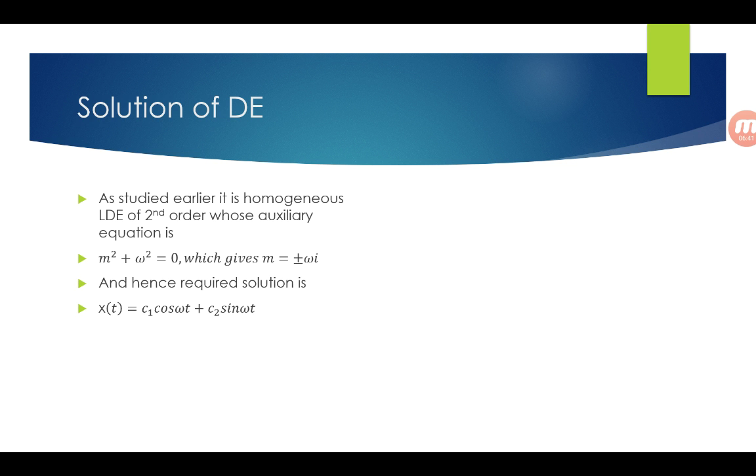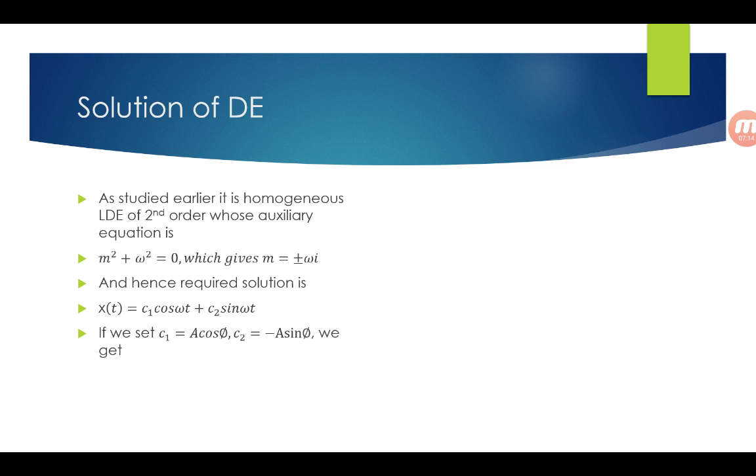Then the required solution of this differential equation is x of t equal to c1 cos omega t plus c2 sin omega t. As you can observe, cos omega t and sin omega t are two linearly independent solutions of the second order ODE, second order LDE, which is homogeneous in nature.